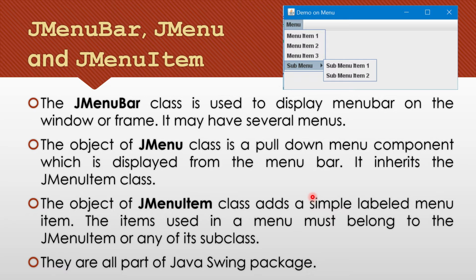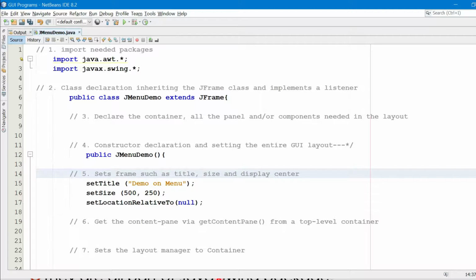Now, let's proceed with the coding demonstration on the application of this JMenuBar, JMenu, and JMenuItem. So we have here already a sample template for the steps on how to code for the GUI layout.